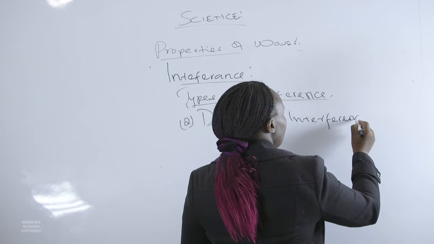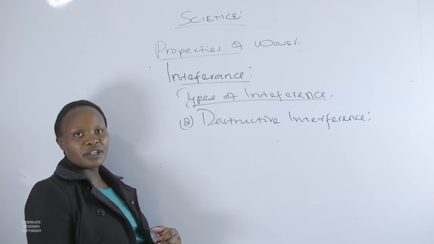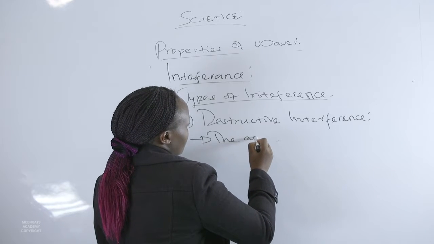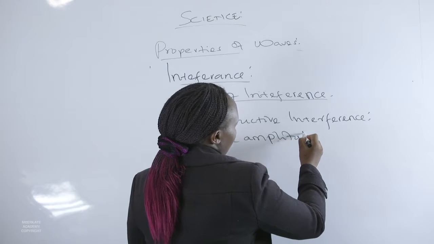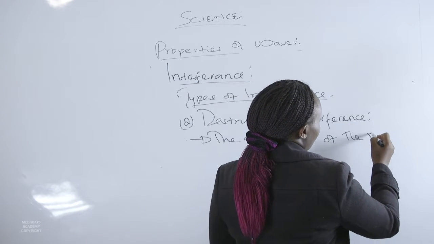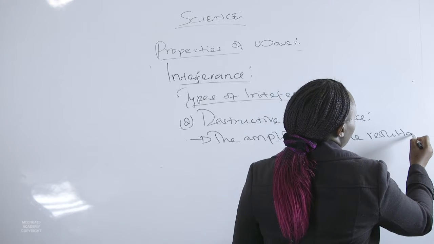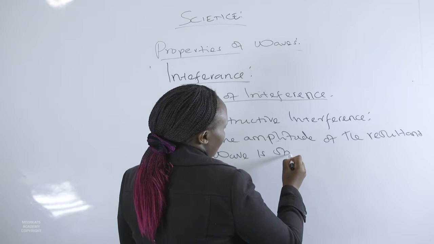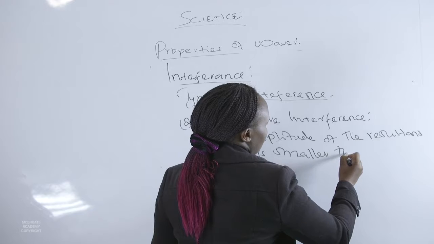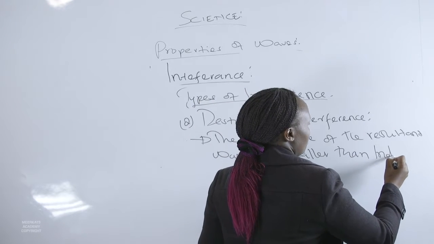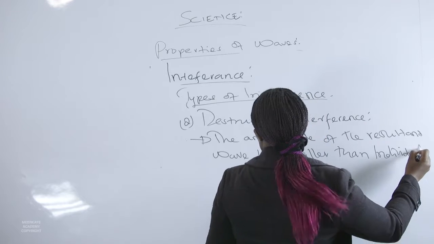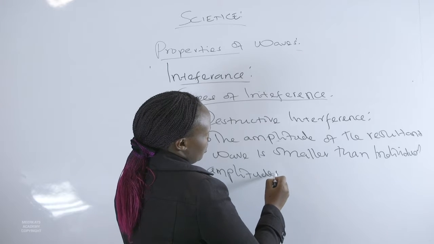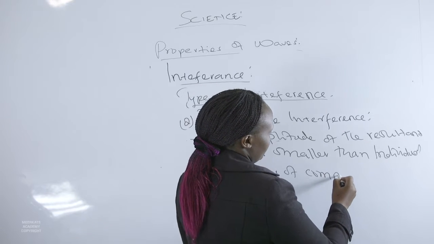Destructive interference is a situation where the amplitude of the resultant wave is smaller than the individual amplitudes of component waves.